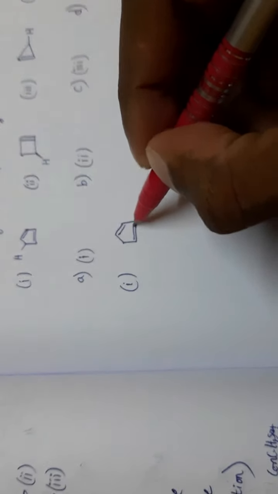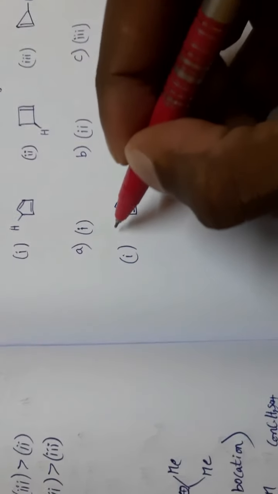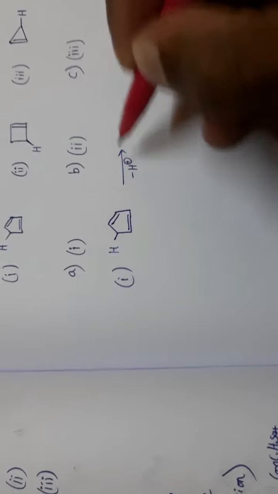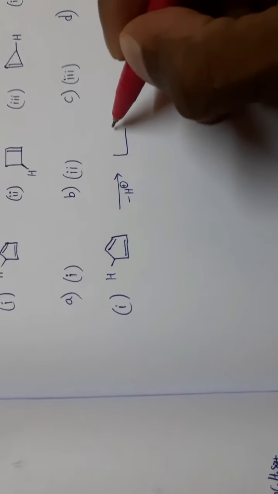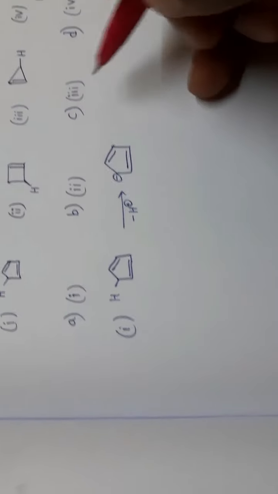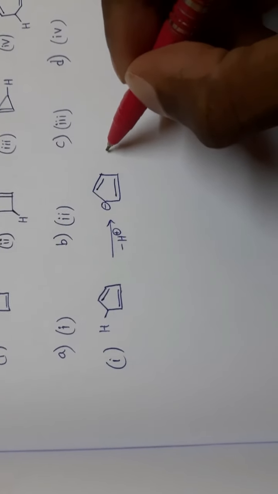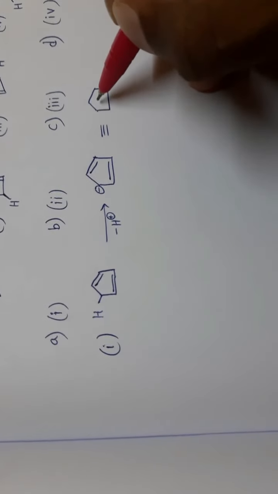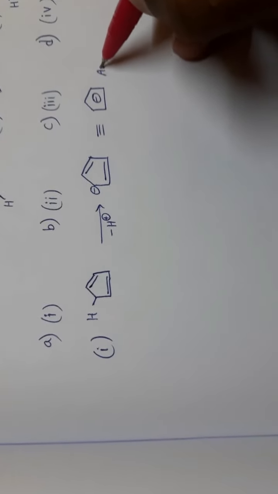This is the given compound. This compound, by donating proton, we can get an anion, that is this. So this anion having electrons in delocalization, so it is aromatic.